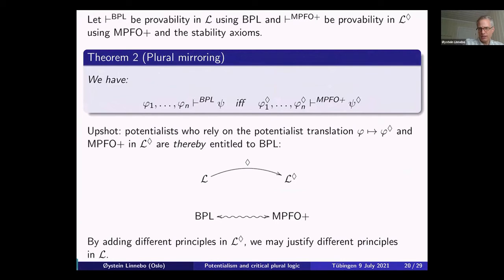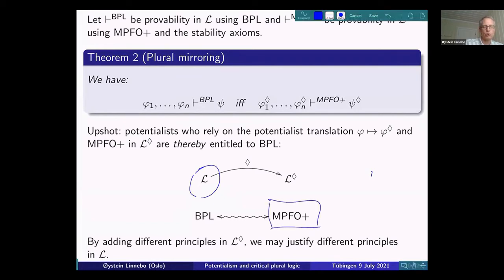And then, unsurprisingly, given that I spent time on introducing this basic plural logic, that turns out to be the logic that is validated in the non-modal language when you proceed in the way I have told you about. Okay, so we plug in the modal logic of plurals I told you about. That all gets plugged in on the modal side. We translate in the way we've seen.